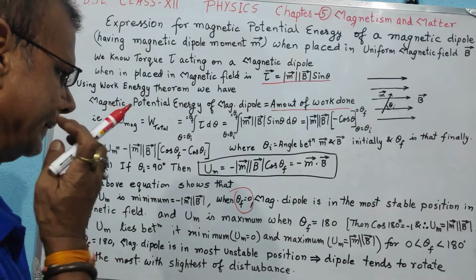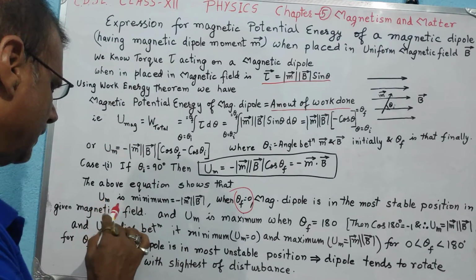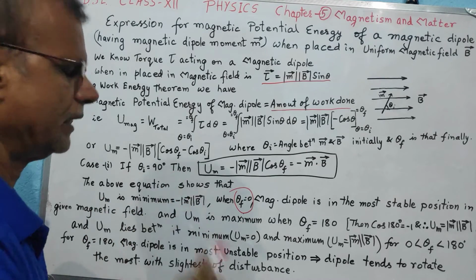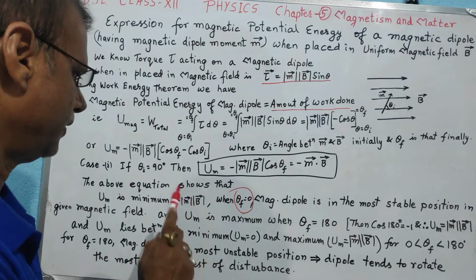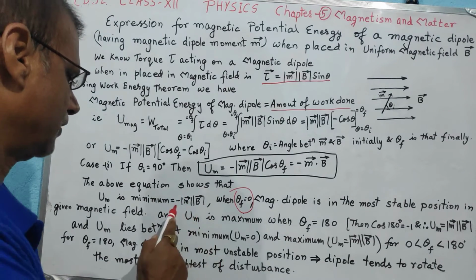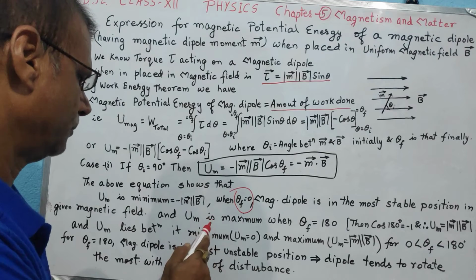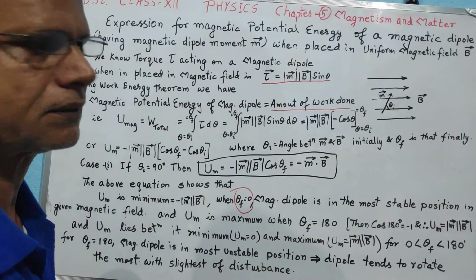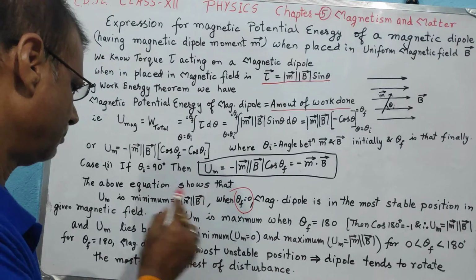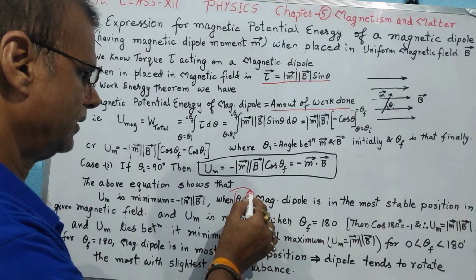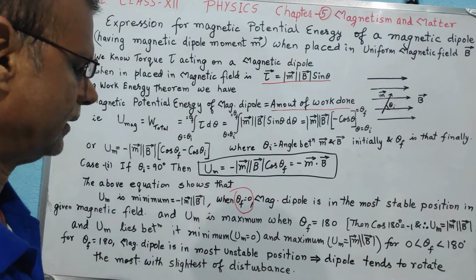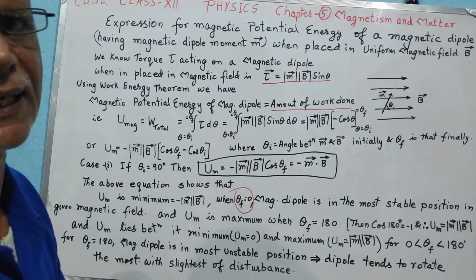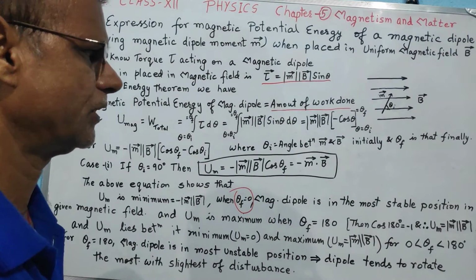So the magnetic potential energy of the dipole becomes minus the magnitude of m into the magnitude of B. That means it has a negative sign, and so the magnetic potential energy of the dipole becomes minimum for theta F equal to 0 degrees. Therefore, since the energy is minimum, it is in the most stable position.